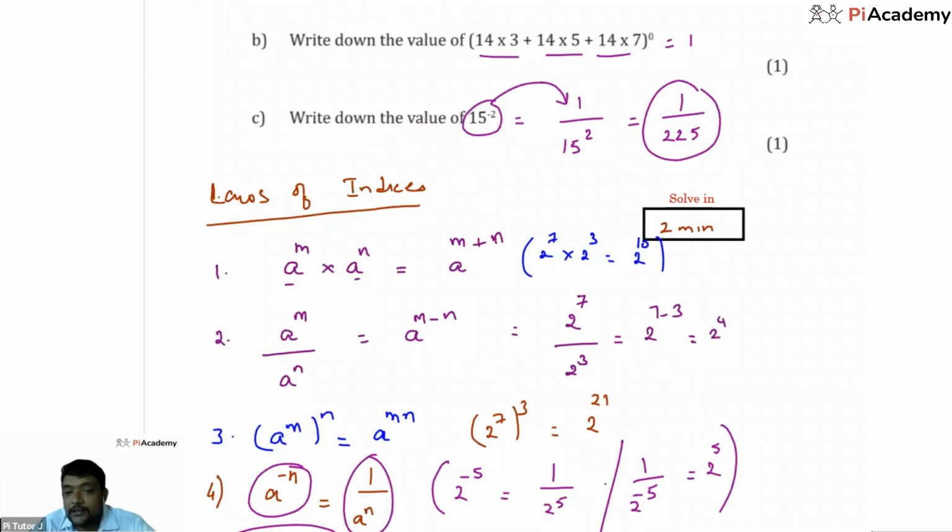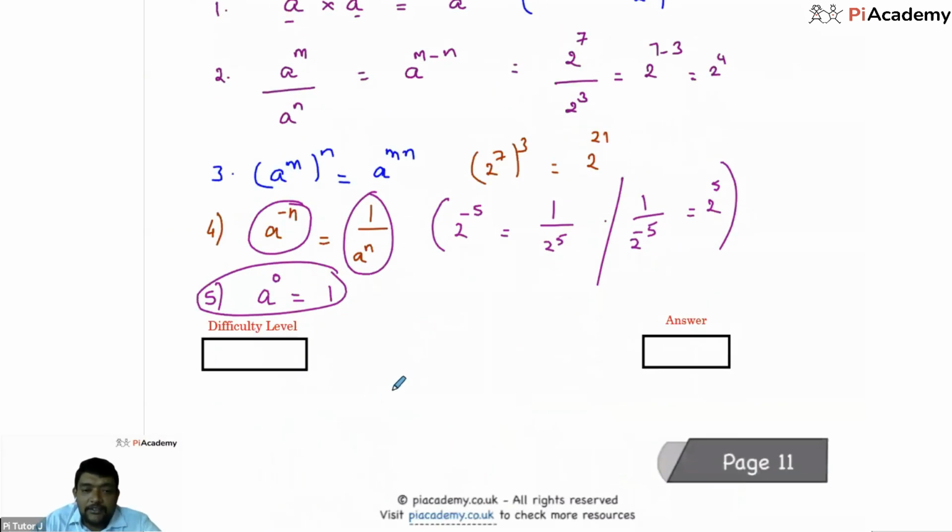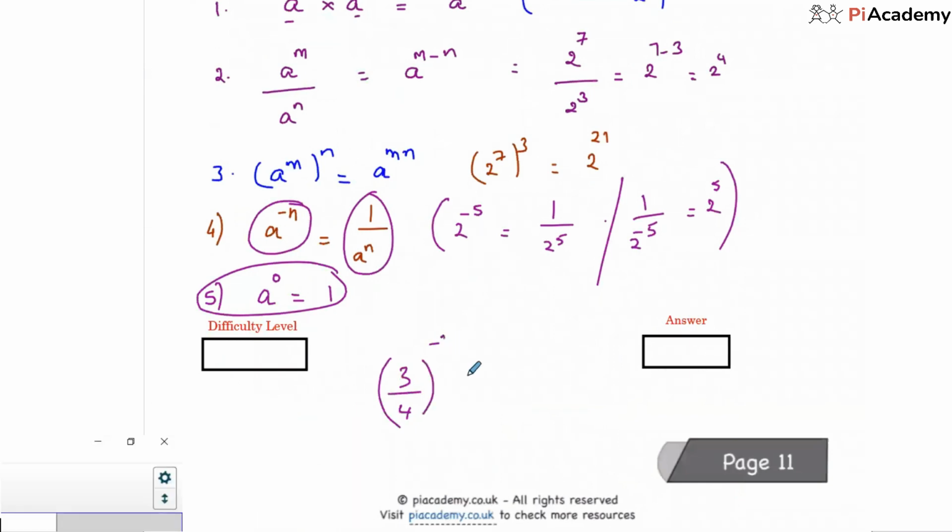What about in the scenario where it's raised to a power that's a fraction? You mean something like 3/4 whole to the power of -2? No, like 2 to the power of -half. Yes.